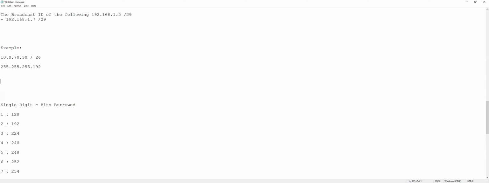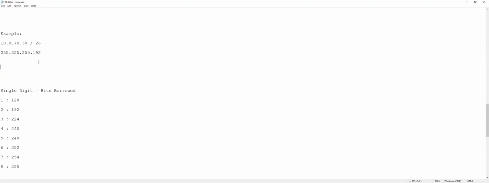So the general rule is this. Now that you know that borrowing 2 bits would equal 192, this is what I want you to do. There is a total of 256 IP addresses, right? This includes the network ID plus the broadcast ID, okay?